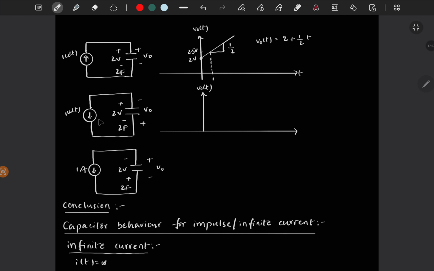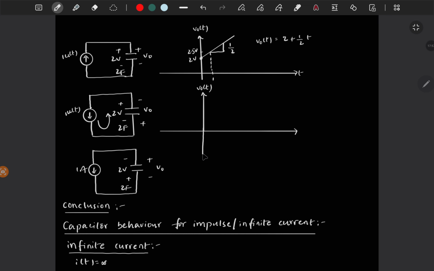V naught of t, since we are pumping the current in this direction, the voltage will build up across the capacitor in this direction. So this is positive and this is negative. That is what is asked also. V naught is given in this polarity, but we have initial voltage across the capacitor in this direction. So first you have to make that 0, and then it will start charging up in the positive direction.